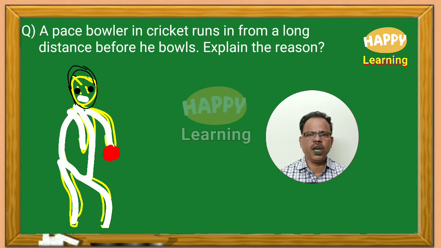As he is holding the ball, that ball also has the same velocity as that of the bowler. Now the bowler throws the ball with maximum possible velocity with his arm power.